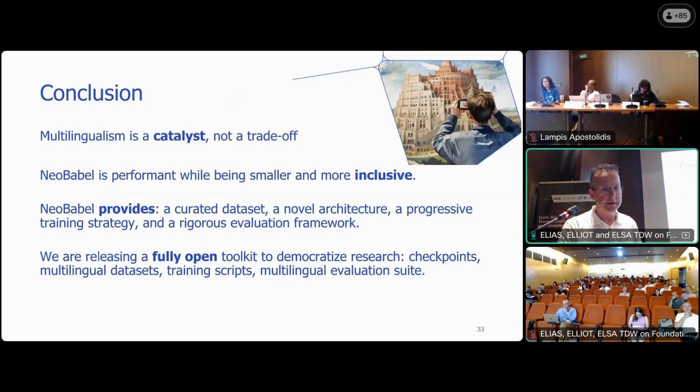We provide a curated dataset, an architecture, a progressive training strategy, and a rigorous evaluation framework. This is all fully openly available to democratize research and hopefully expand to even more languages to become even more inclusive. And with this encouragement, I would like to thank you for your attention and leave it here.